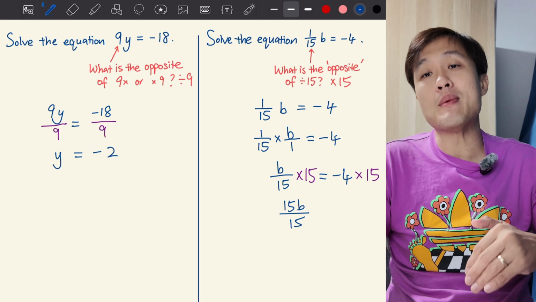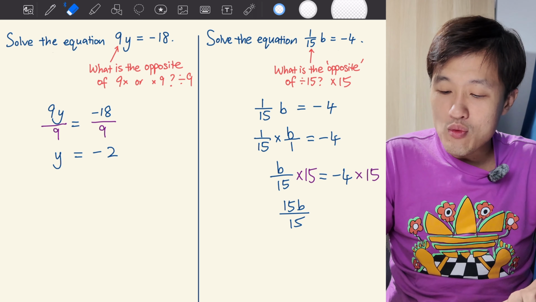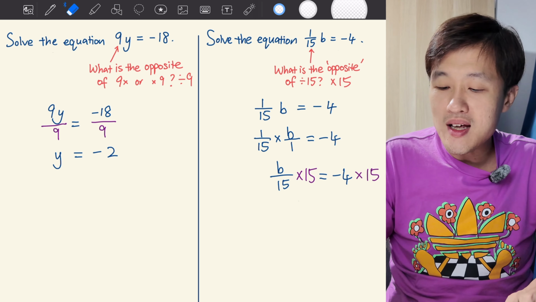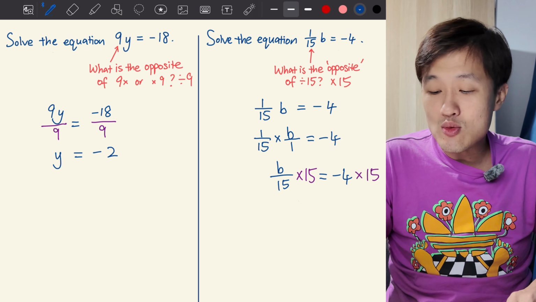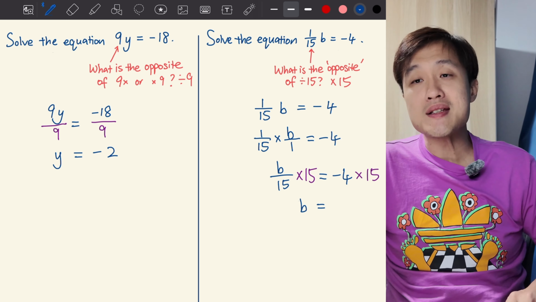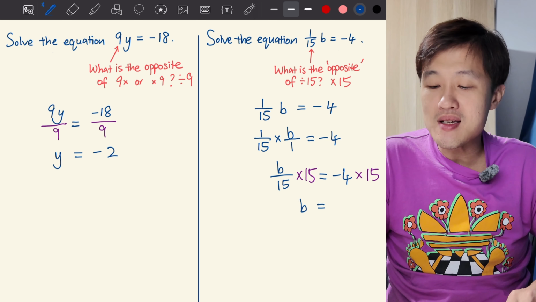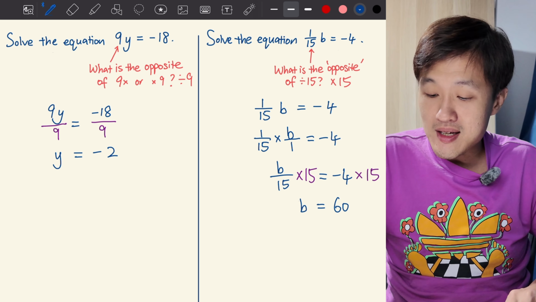And 15 divided by 15 is going to give me a 1, so therefore we don't need to write that. We are left with b. And then on the right hand side, negative 4 times 15 is going to give us negative 60.